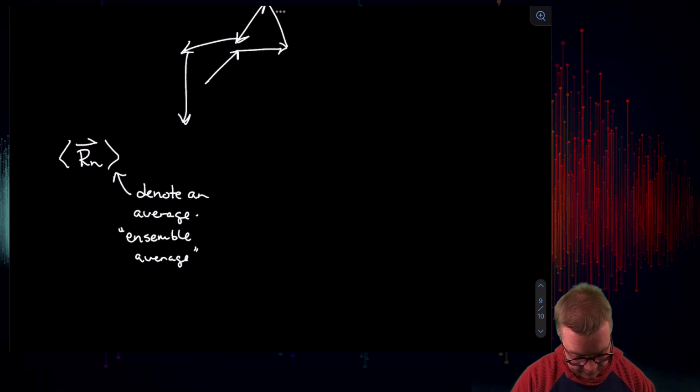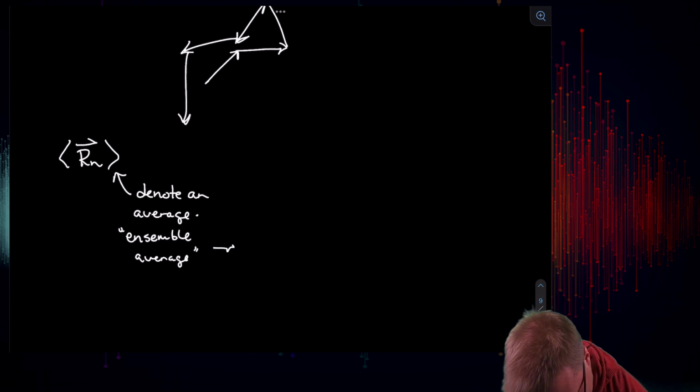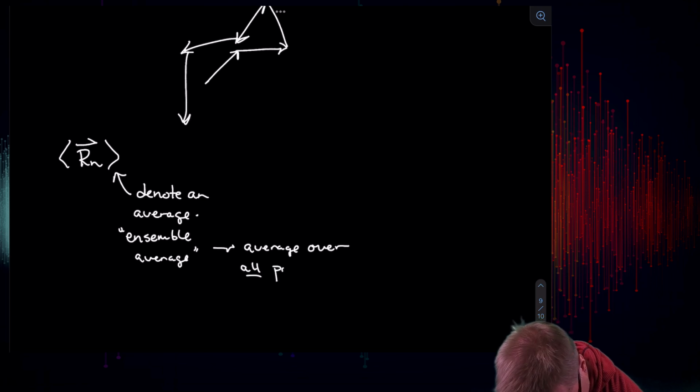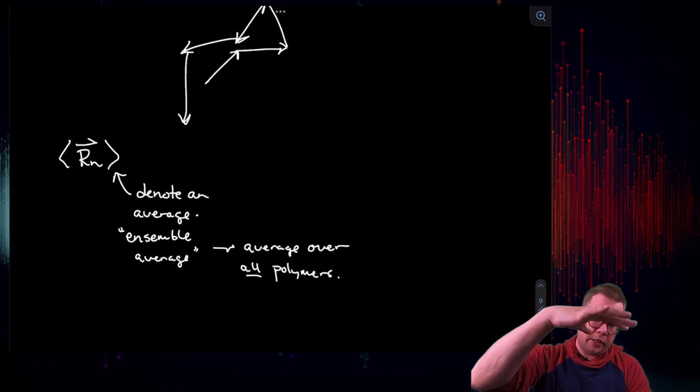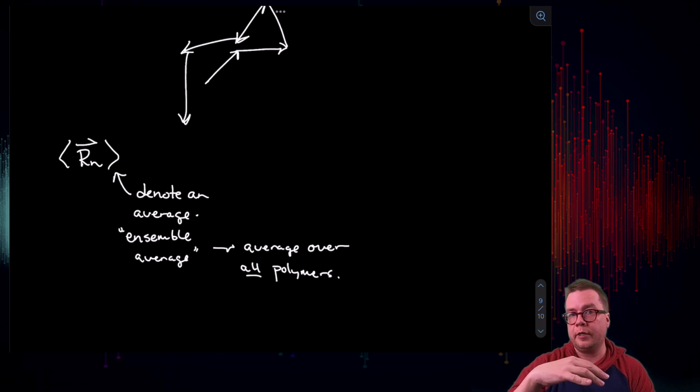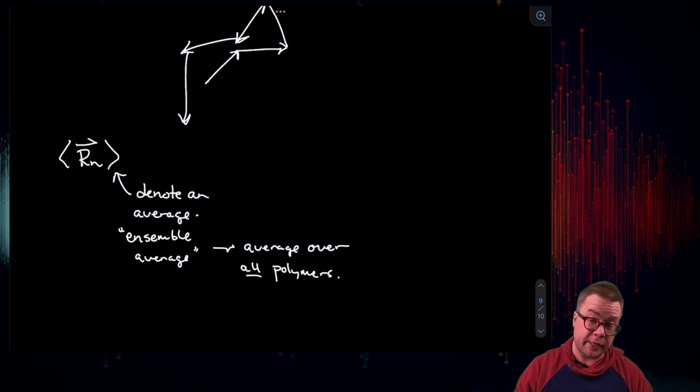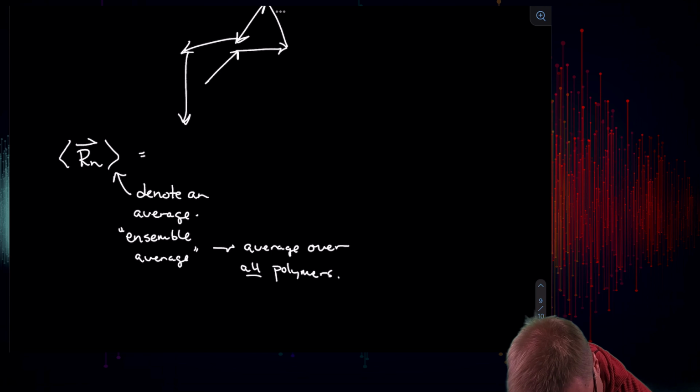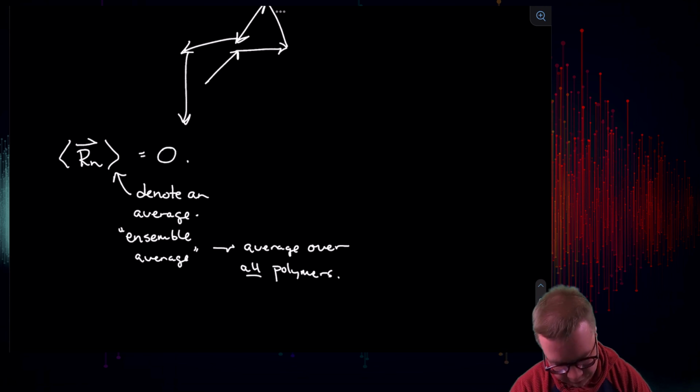Now the first thing, and again, this means average over all polymers. Okay, so if you have a beaker with 1 weight percent polymer in there, you're going to average over the billions of polymer chains that are in that little beaker to get an idea of what the representative size is. So the first thing is I'm going to claim that this is going to be equal to 0.